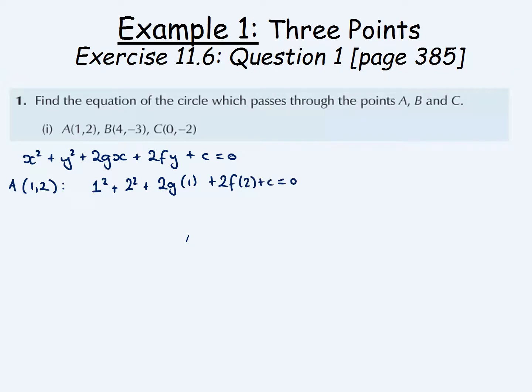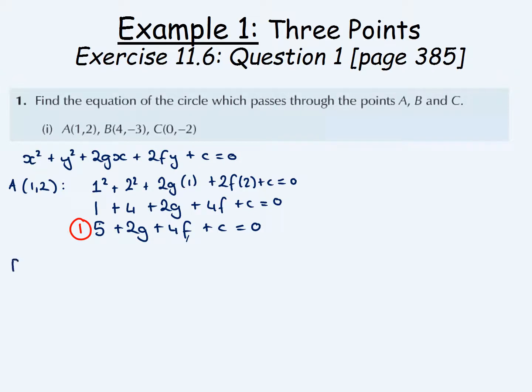When I do that, I get 1 plus 4 plus 2g plus 4f plus c equals 0, which gives me 5 plus 2g plus 4f plus c equals 0. And that's our first equation.